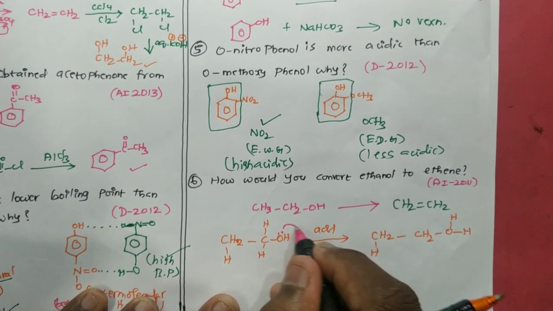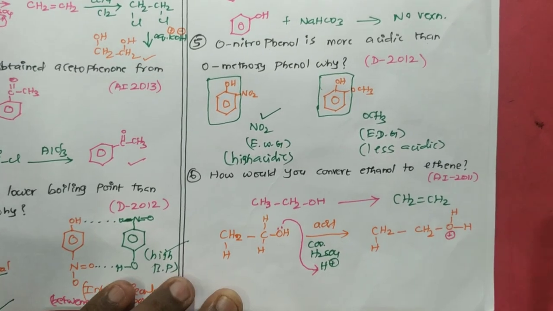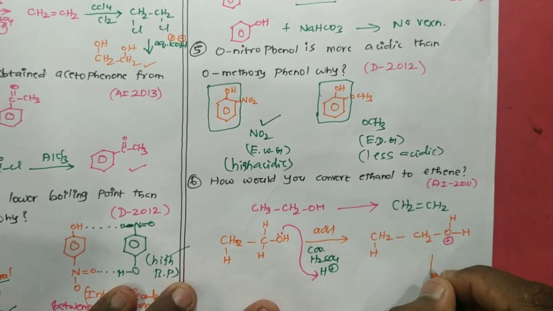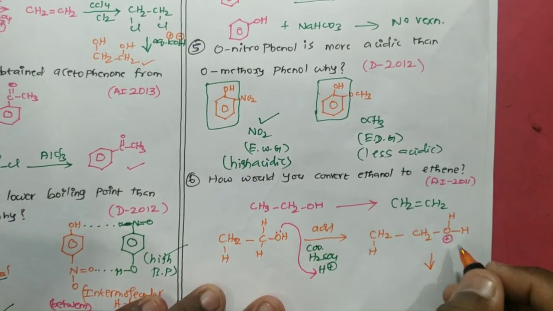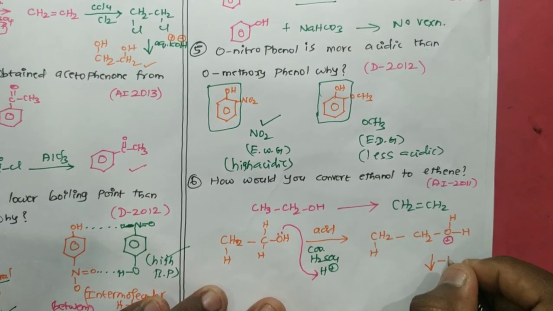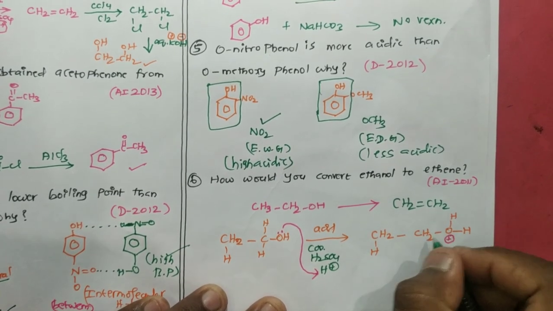Because of the donation of this lone pair, it attains a positive charge. Now, the oxygen has two hydrogens, so it is preferentially removed as a water molecule.